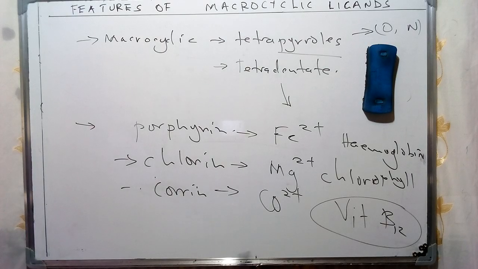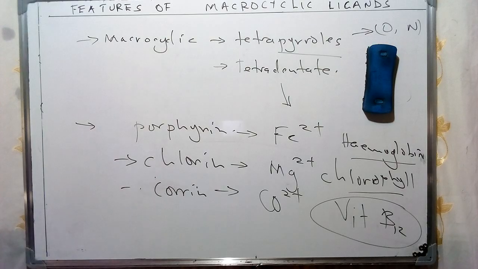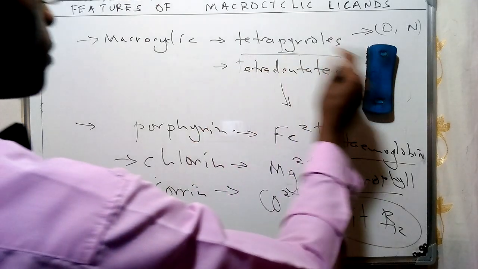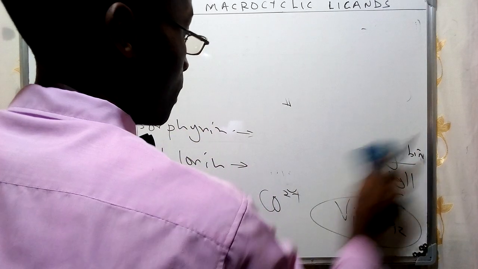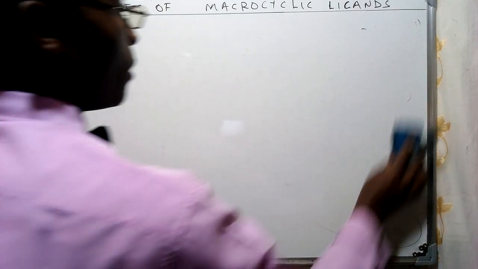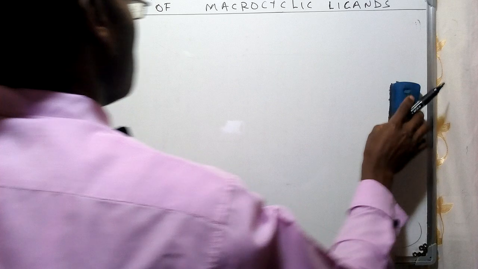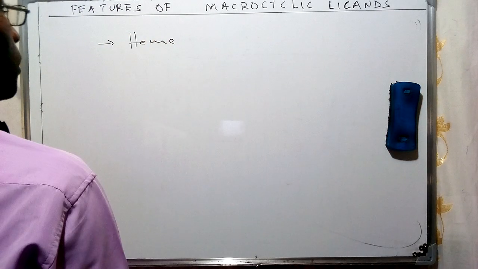Now, apart from these combinations, I've mentioned that we can give examples of organic compounds that consist of these tetrapyrrole units, and this includes examples like heme. I've listed a number of compounds which consist of these tetrapyrroles.